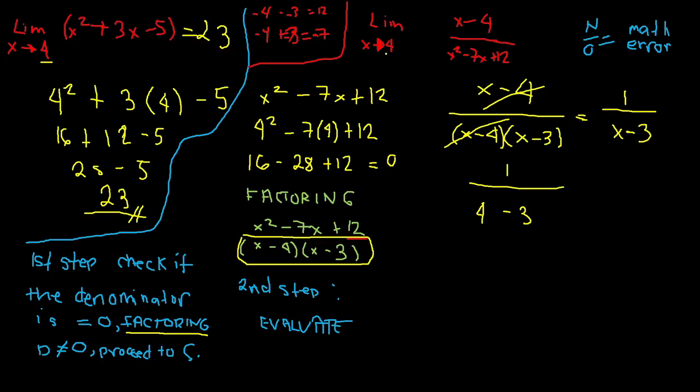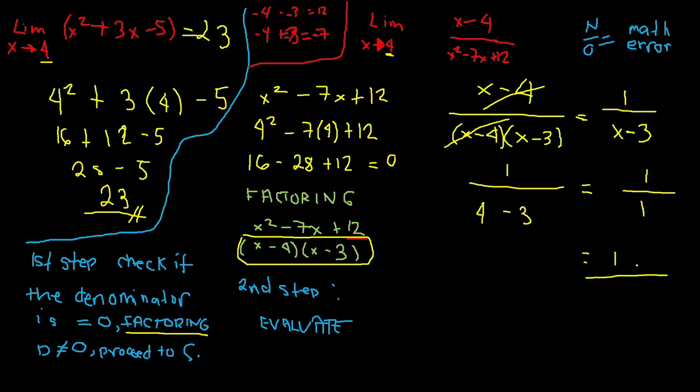Ito pala 4. Sorry, ito pala yung 4 natin. 1 over 4 minus 3. So, 4 minus 3 ay 1. And 1 divided by 1 is equal to 1.